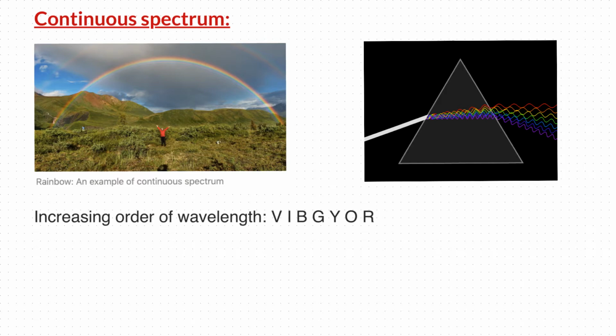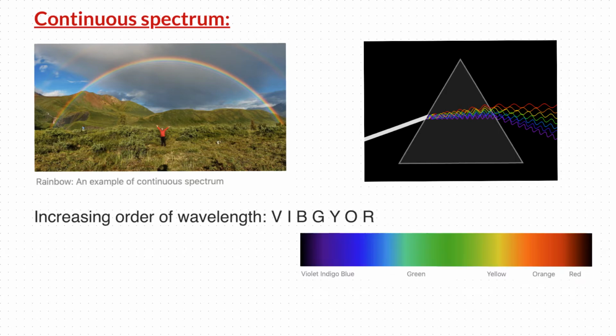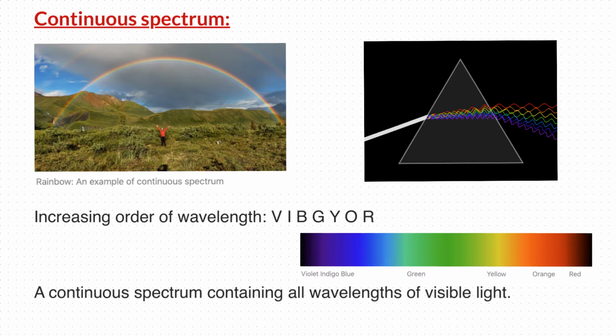So, when the light comes out of the prism, it appears as 7 different colors. When you project these colors onto a photographic plate or detector, we get the following pattern. Such a spectrum is called a continuous spectrum, and it contains all the wavelengths of the visible light.